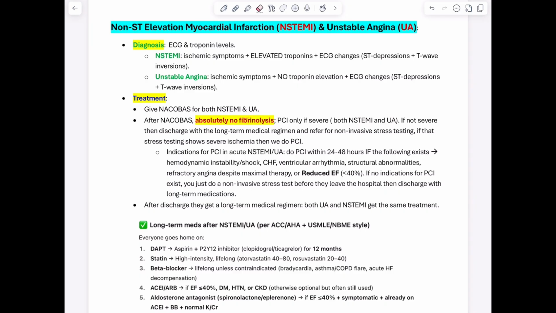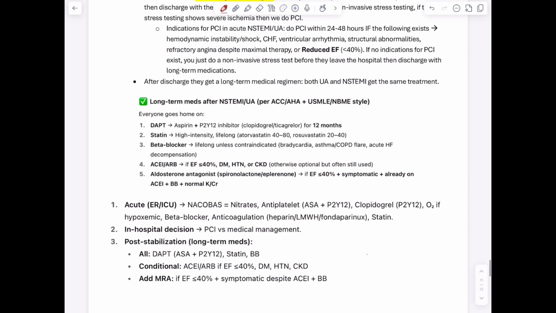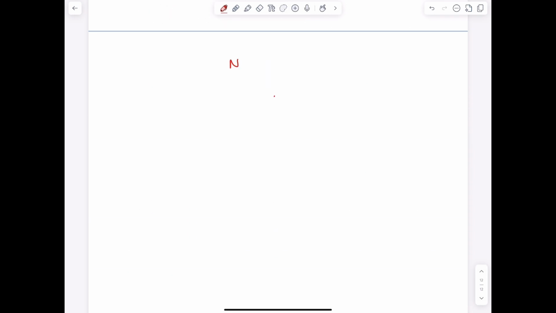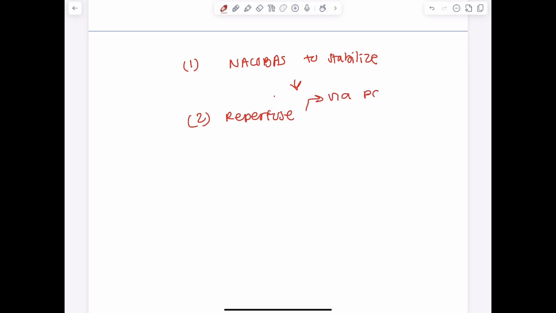You want to reopen up the blockage. We said you do a PCI. NACOBA to stabilize. Then reperfuse, which is either via PCI or via fibrinolysis.